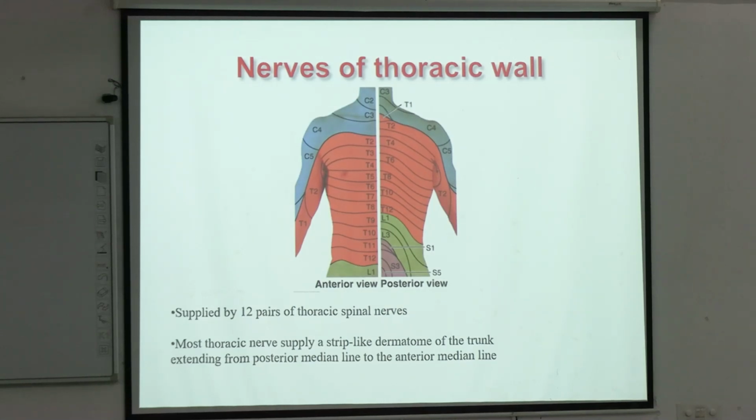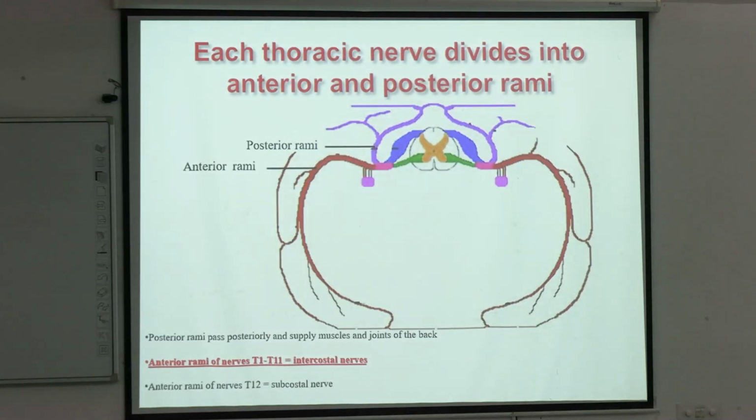Now this dermatome pattern comes from the nerve supply, from the spinal thoracic nerves. The spinal thoracic nerves in this region, covered within the intercostal muscles, we call intercostal nerves. These intercostal nerves have branches which supply the skin, along with the adjacent pleura, and they supply the intercostal muscles.